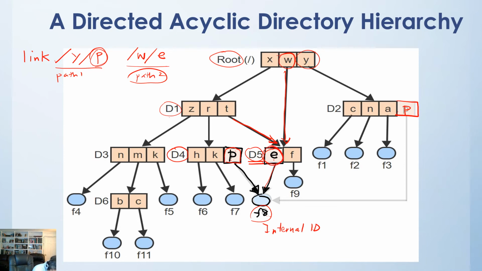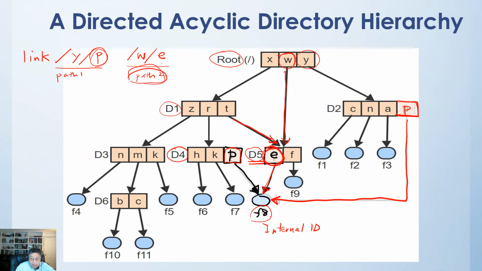So e is a name of F8, so that's the one path 2 actually points to. But now you're going to create a p, also going to point to the same file that e points to, I'm sorry.